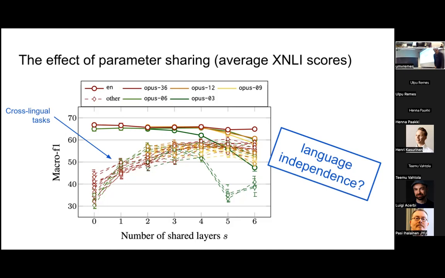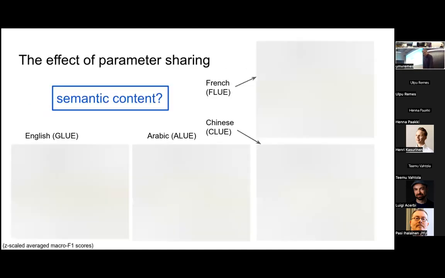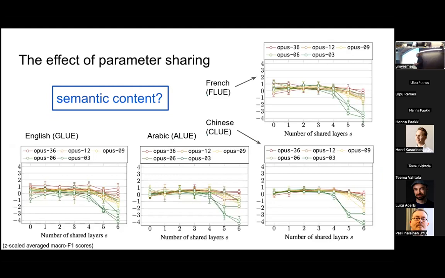All this motivates that we can do some kind of modularization. And very quickly, also looking at other kinds of benchmarks. I don't know if you've heard about GLUE and all those natural language understanding tasks. They're collections of different types of reasoning tasks over languages. And just for testing, how does that work for English, Arabic, French, and Chinese?